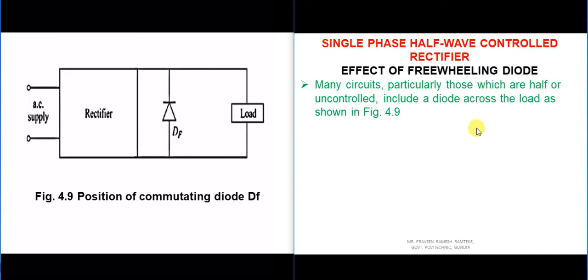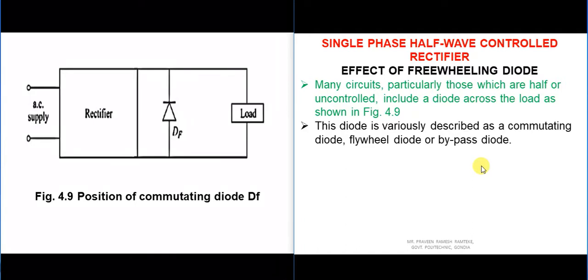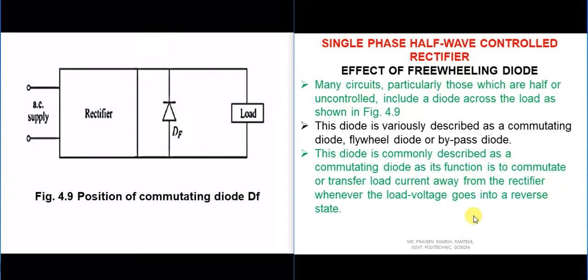Many circuits, particularly those which are half or uncontrolled rectifiers, include a diode across the load as shown in this figure. This diode is described variously as a commutating diode, a freewheeling diode, a flywheel diode or a bypass diode.